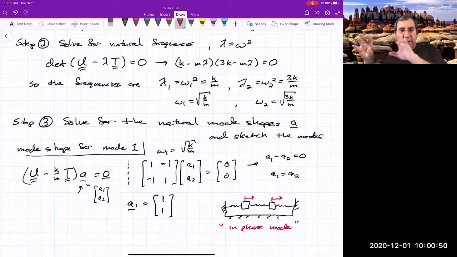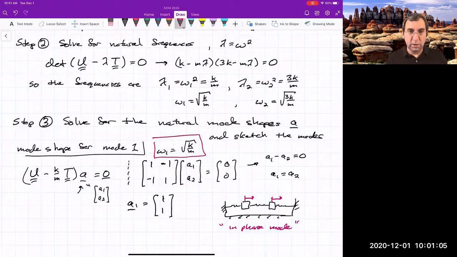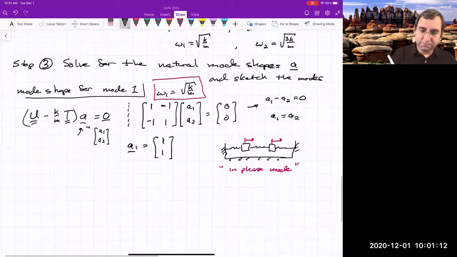It's as if there's just one mass moving back and forth. If we were to pick up both masses, move them the same amount and let go, it will just oscillate with this frequency, omega 1, forever and ever. Now we could solve for mode shape 2.